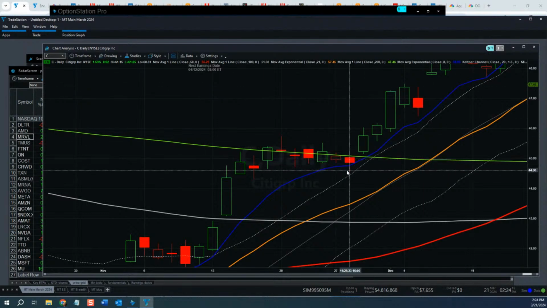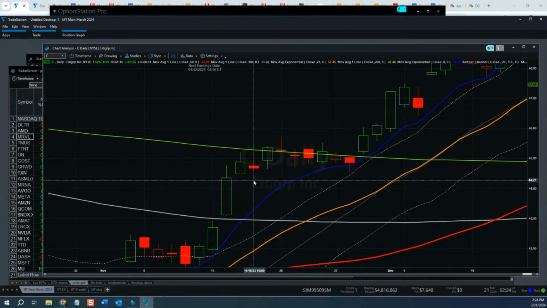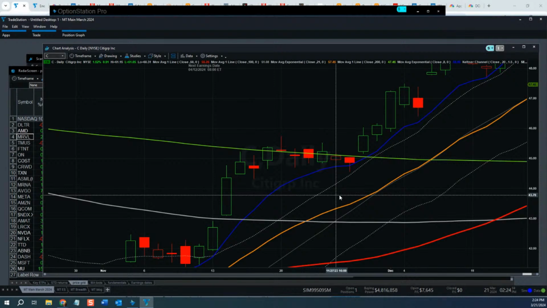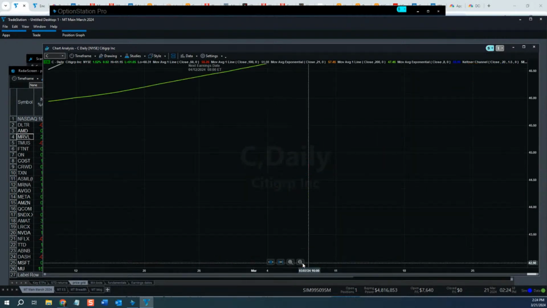and then continuation. So waiting for a touch of the 8-day exponential moving average on Goldman, if a person wants to be paying a debit spread, that can make sense. Or if you had been selling credit spreads here on Citi, you would have just collected premium and probably never would have gotten assigned shares at all, and those trades would have been profitable as well. So we've seen moves like this before.